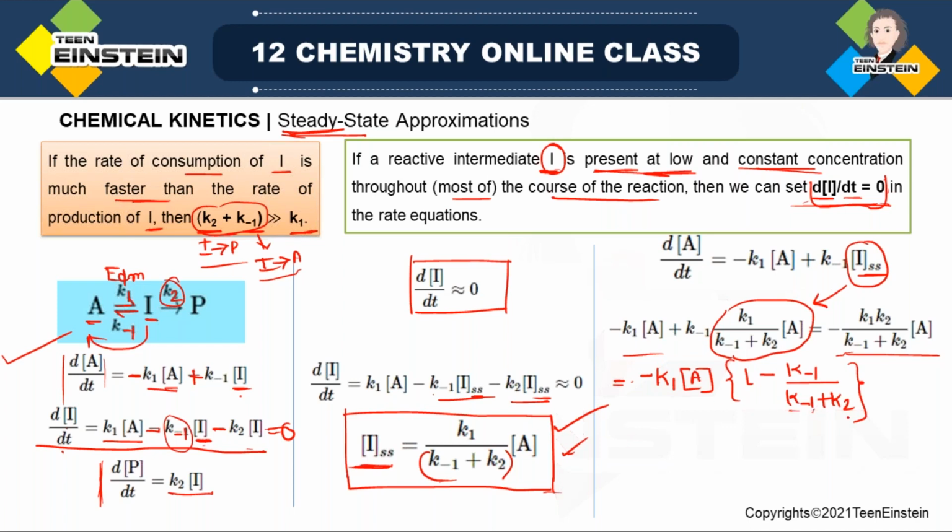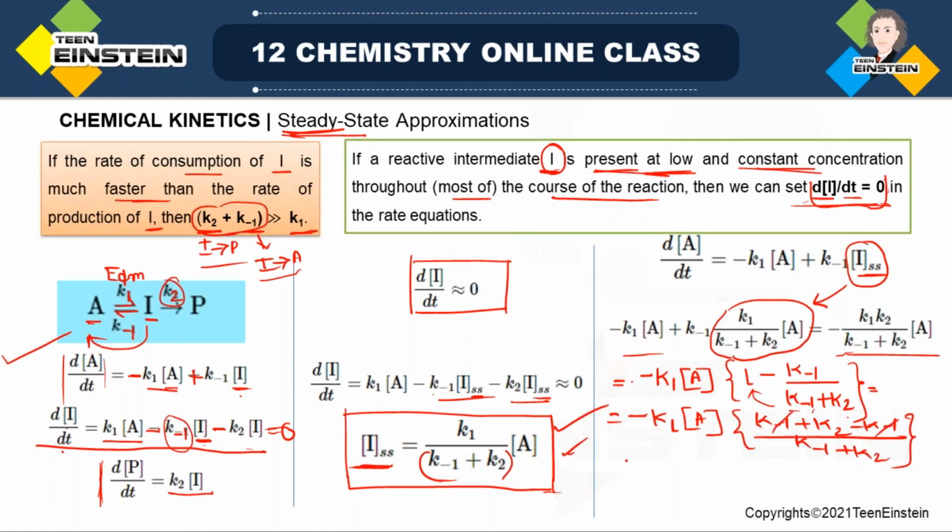Now, if you bring K inverse 1 and K2 together, after calculation it will be reduced to minus K1A times K inverse 1 plus K2 minus K inverse 1, divided by K inverse 1 plus K2. So these two will be cancelled.